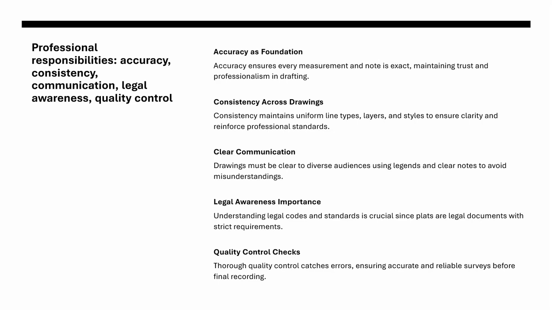It means comparing the plat to the deed and the field notes. If something does not match, you must flag it. Quality control is not fun, but it is essential because a survey that fails quality control is a liability to that homeowner, to that surveyor, to you in your own career.